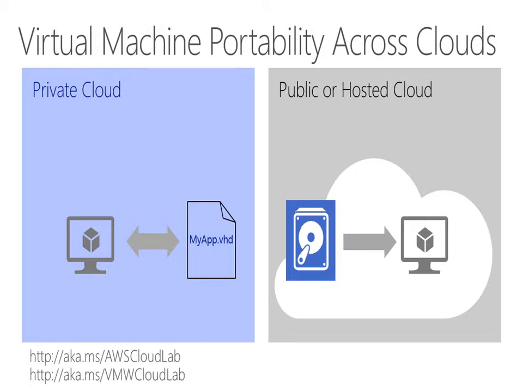One walks through migrating cloud-based VMs that are running on the Amazon AWS cloud over to Windows Azure, and one targets VMware VMs that are running in an existing private cloud environment, an on-premises data center, using VMware as the virtualization layer, migrating them over to a virtual hard disk that can be moved either to Hyper-V on premises or to Windows Azure or a hosted cloud provider that is using Hyper-V as well.